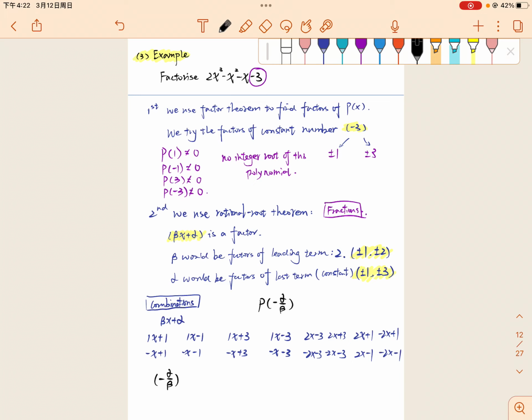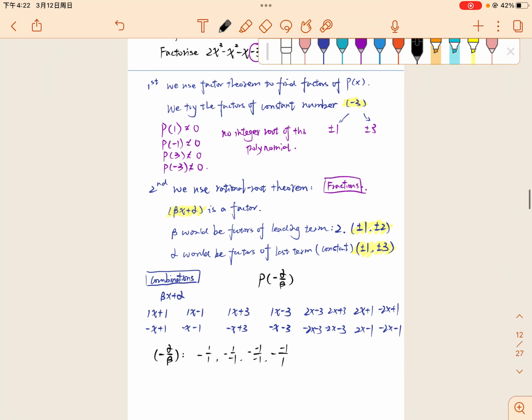That would give us fewer choices, because we could have negative 1 over 1, negative 1 over negative 1, and so on. This gives us only two choices, isn't it? Negative 1 and positive 1. So we can get rid of the duplicates.